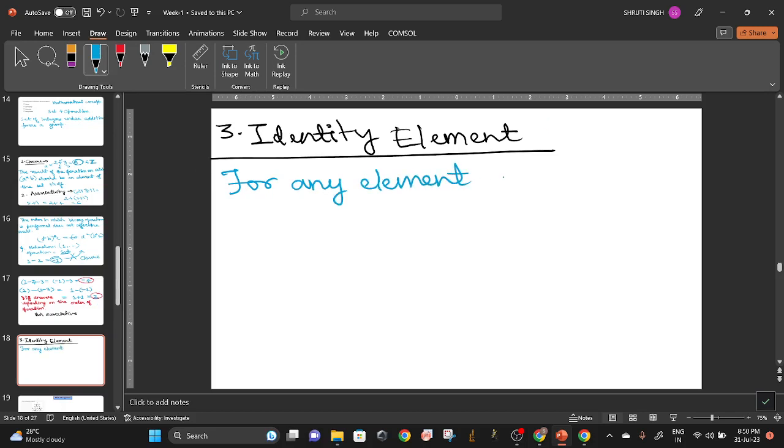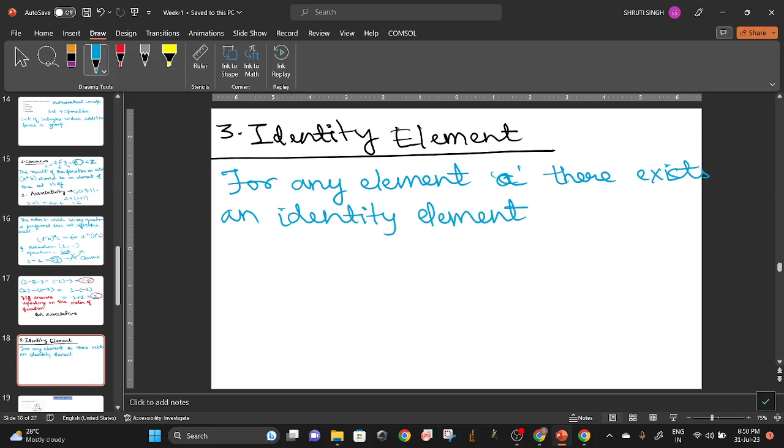For any element A, there exists an identity element E such that A star E is equal to E star A is equal to A. Star means my operation.